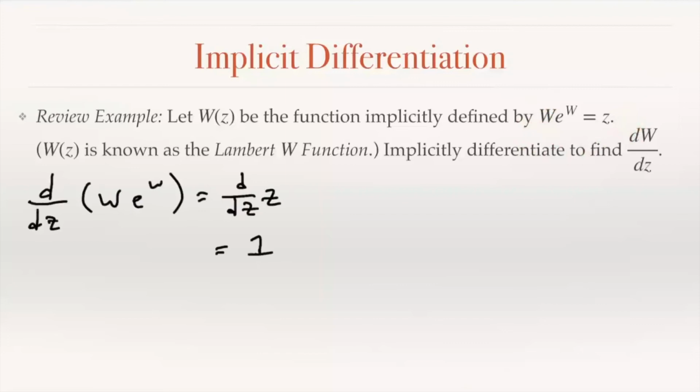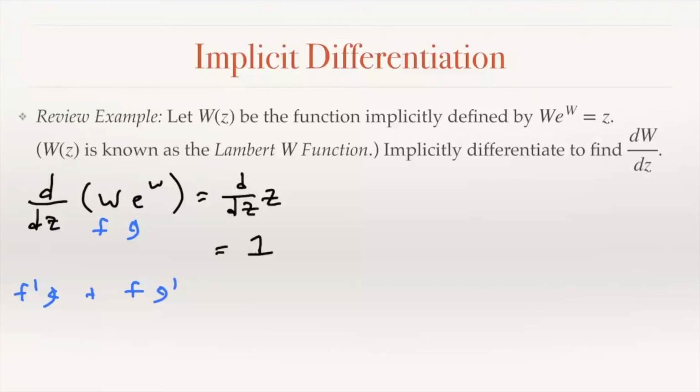And the left-hand side, this is not 0. This is not a partial derivative where we're imagining w is constant with respect to z, because w is not constant with respect to z. As z varies in this equation, so does w. W is an implicit function of z, and this is like f times g. And we know that the derivative of f times g is f prime g plus f g prime by the product rule.